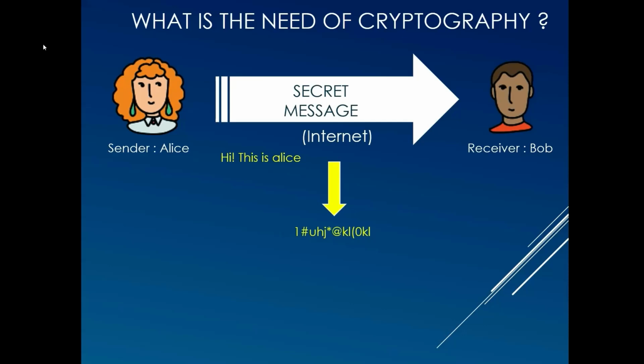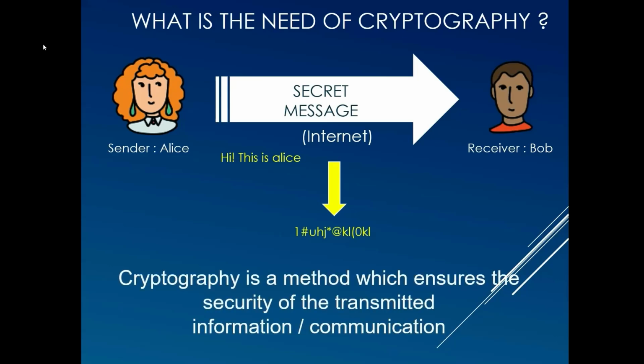The output generated by cryptographic algorithms does not make any sense to an unauthorized user. The only person who can decode it appropriately is the authorized receiver. Thus, cryptography is basically a method which ensures the security of the transmitted information or communication.